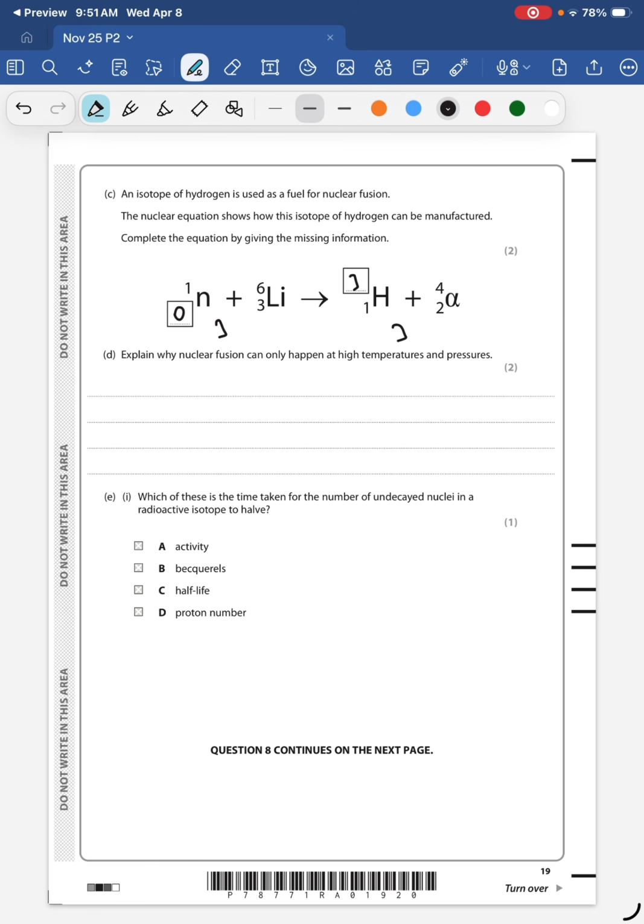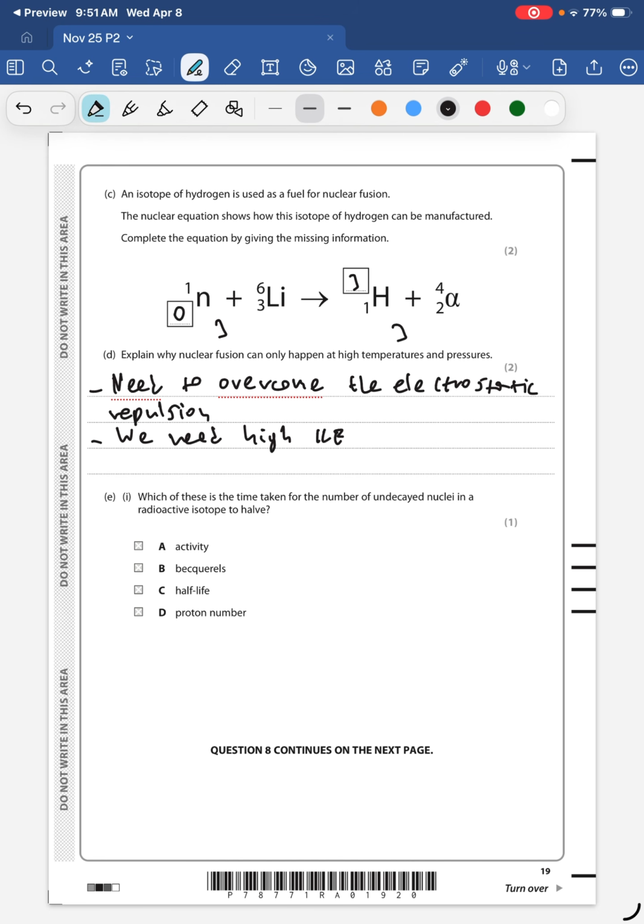Part D. Explain why nuclear fusion can only happen at high temperatures and pressures. So we need to overcome the electrostatic repulsion. Therefore, we need high kinetic energies, hence high temperature.